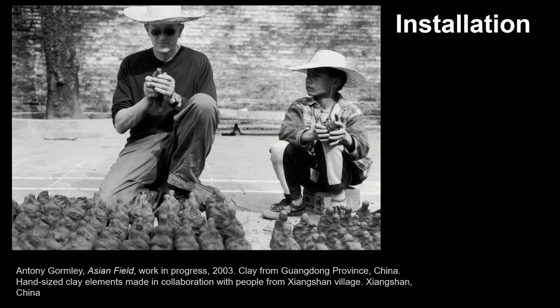This is Antony Gormley, a British artist who created a massive work called Asian Field. He did this by going to different places in China and giving locals clay. And these people would make sculptures out of this clay that were meant to evoke self-portraits.